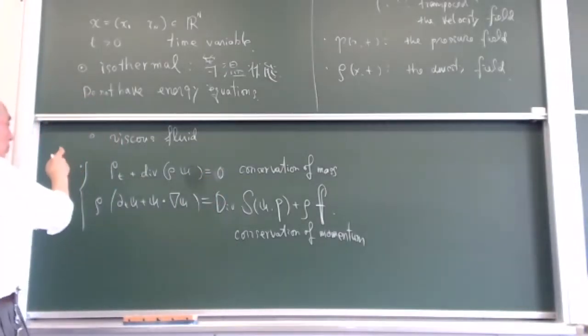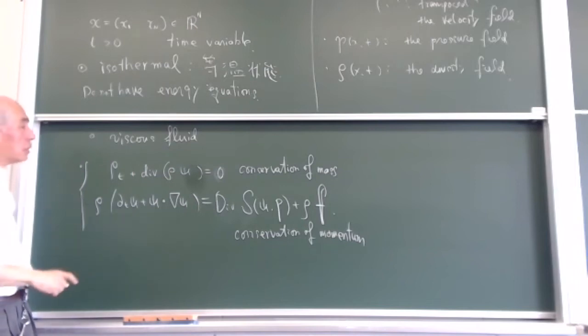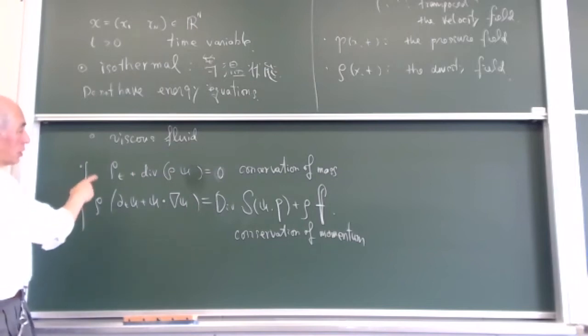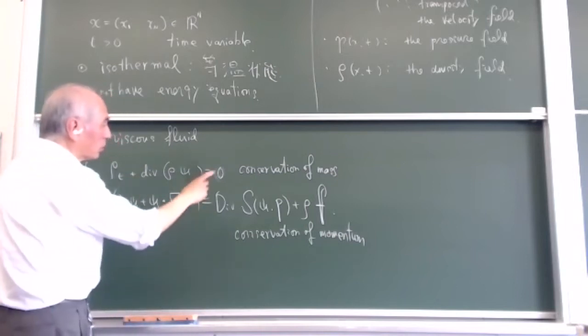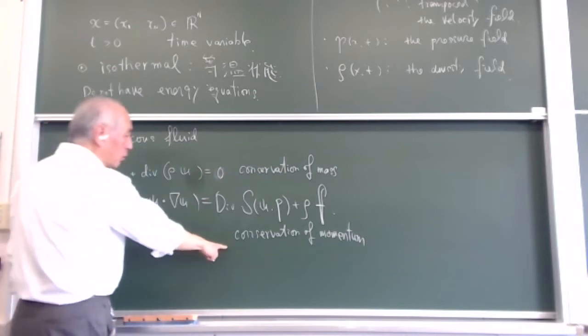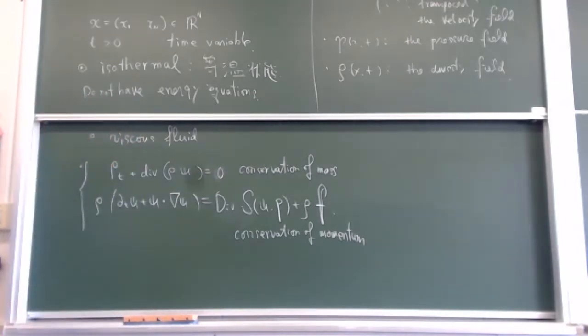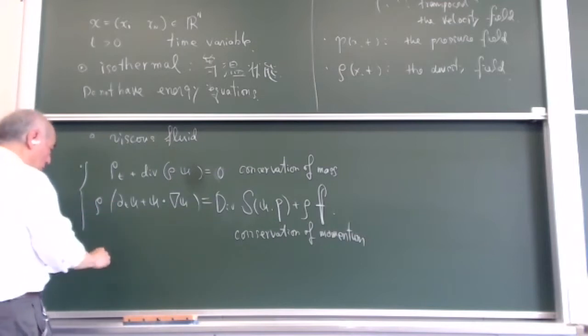So to treat the viscous fluid, usually we use these two equations. So of course, isothermal case, then conservation of mass and conservation of momentum. This is what we now call the Navier-Stokes equations.